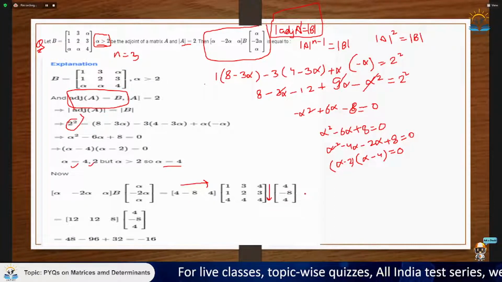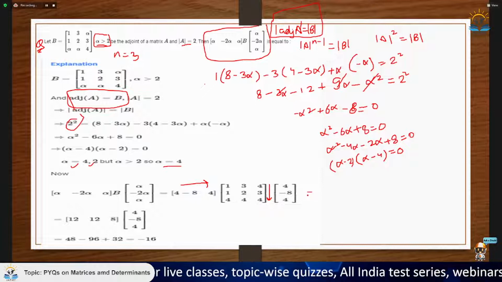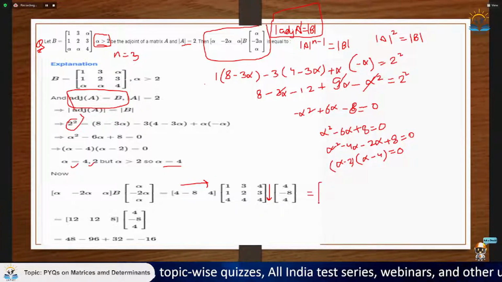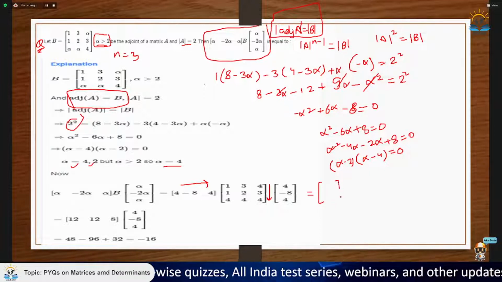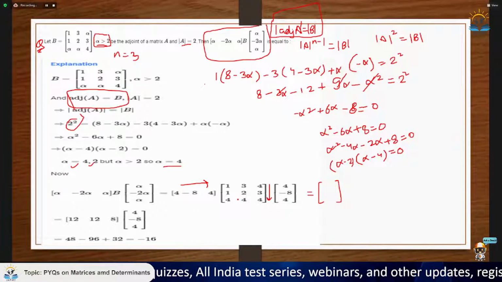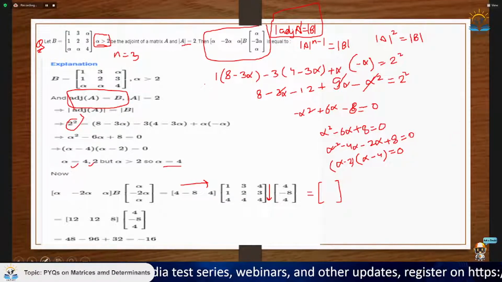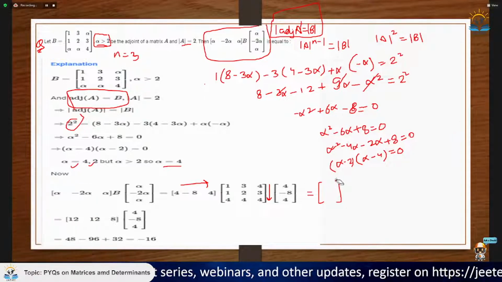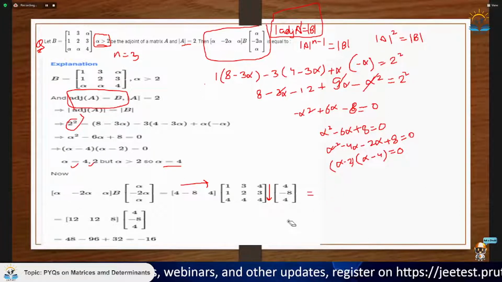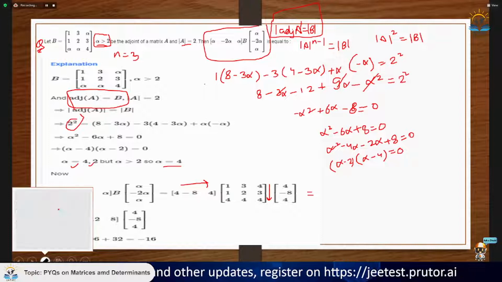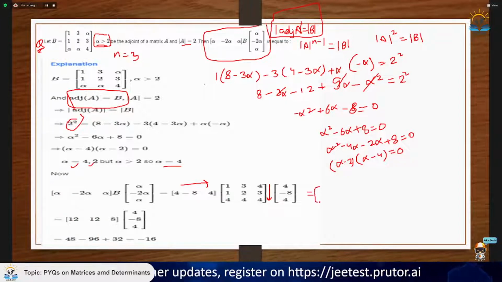So basically it would be 1 cross 3 and this 3 cross 3, so your answer would be a 1 cross 3 matrix. Sorry, 1 cross 3 is a row matrix. So basically you will get something like this.